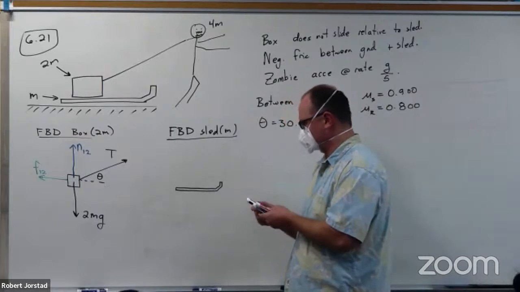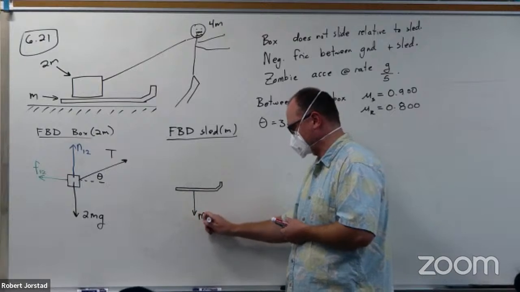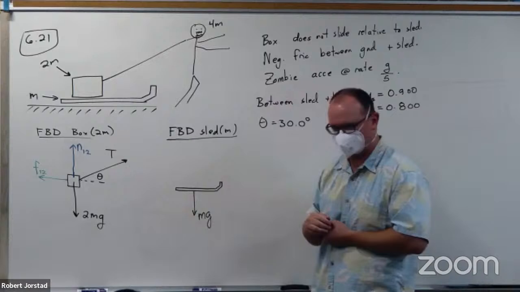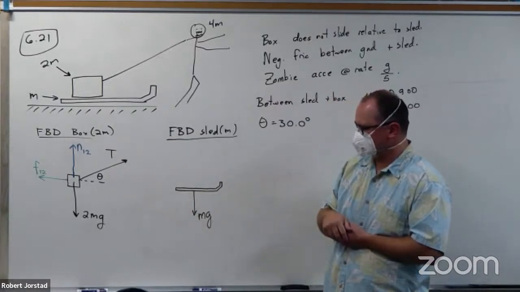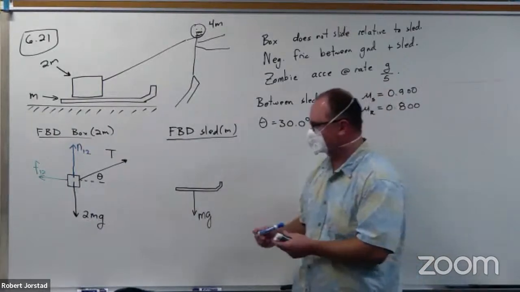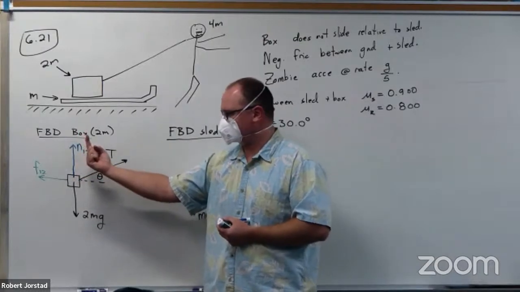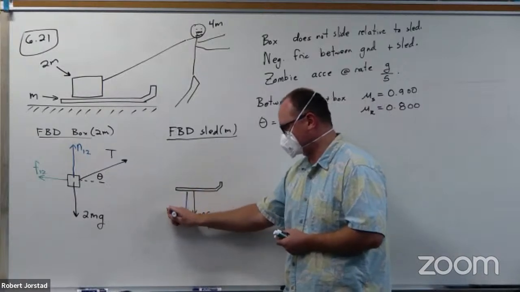Wait, what should I draw for that? mg, excellent. What else? Is the tension acting on the sled? No, it's not directly acting, okay. The normal force between them pushing which way? Exactly. Look, the sled pushes up on the block with normal force N12. Therefore, the block pushes down on the sled with normal force N12.